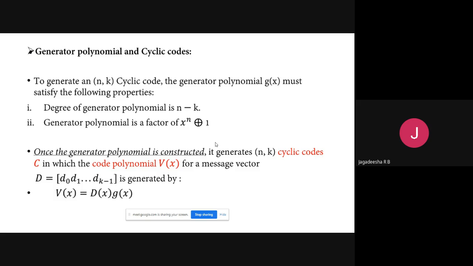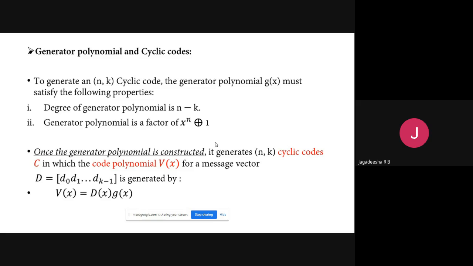Factor means when you divide, it should be a multiple. For example, a simple example: 2 is a factor of 14. 3 is a factor of 12. 7 is a factor of 35. You got it. It should be divisible that way.